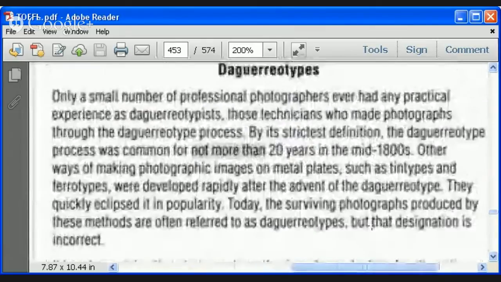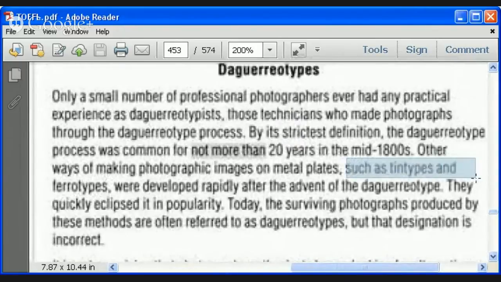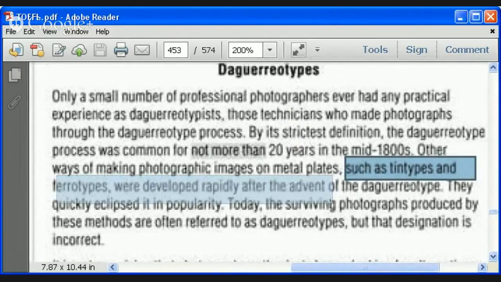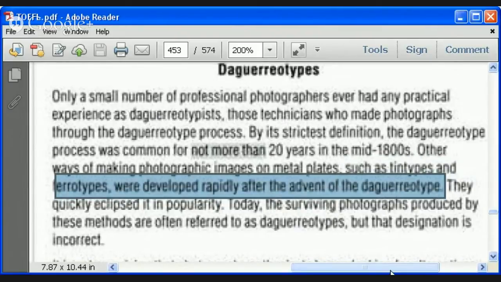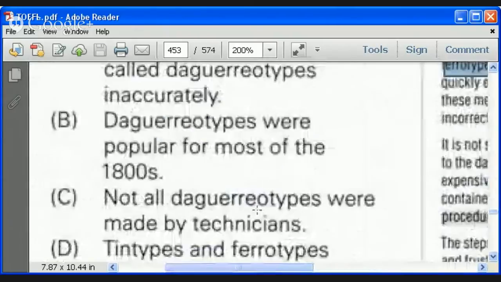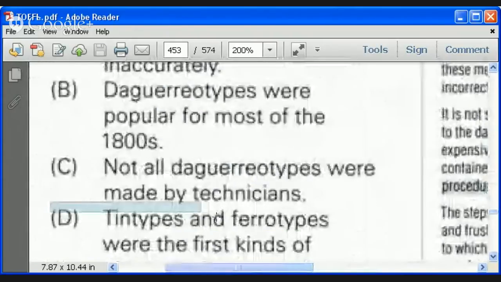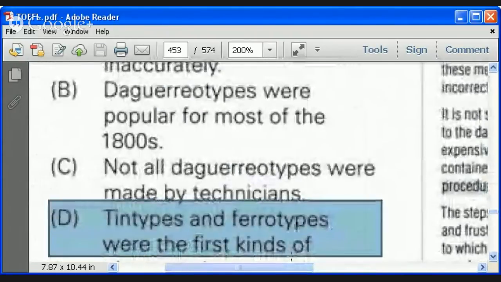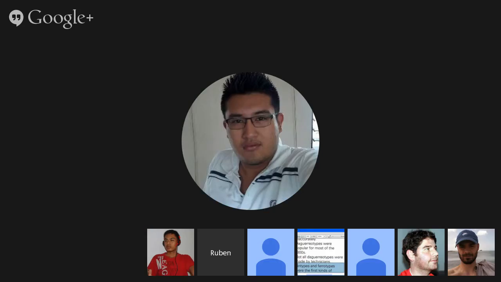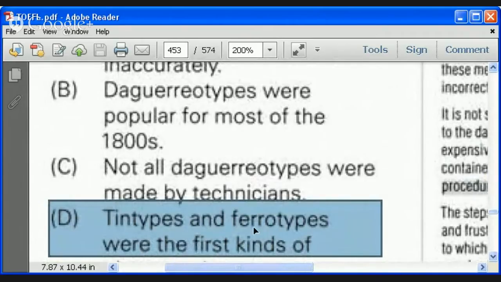Well, okay. Look for this: tintypes and ferrotypes were developed after the advent of the daguerreotype. So this is exactly opposite from the information presented. We can easily eliminate D.